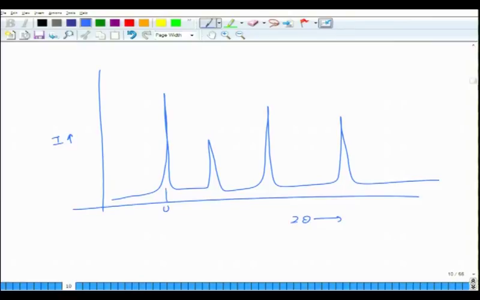You have theta 1, theta 2, theta 3, theta 4 and so on, and then from this you need to work out what it belongs to. I will not get into details of this, but the exercise in front of us is what material it belongs to. For example, given a structure, can you identify the structure of the material, especially in the case of cubic cases? We will do that in the next lecture. Okay. Thank you.